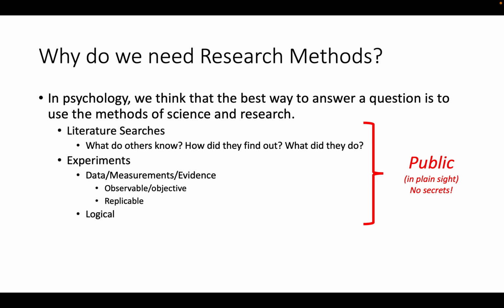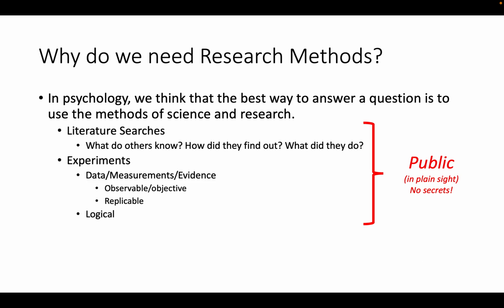We can find out what other people have found out, what experiments and research projects other people have conducted. And not only that, we can look at how they did it, how they answered their questions. We can ask, what did they do to come to this conclusion? These two questions, how did they find out, what did they do, is what we would call an epistemological question. It's a question about how they came to know something. That's in philosophy what we call epistemology.